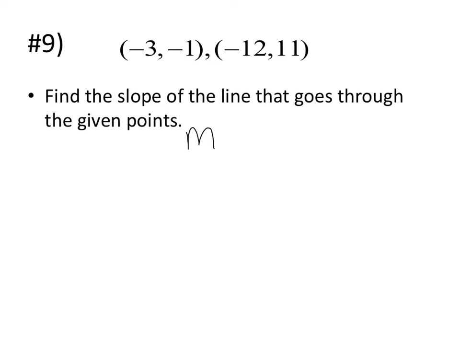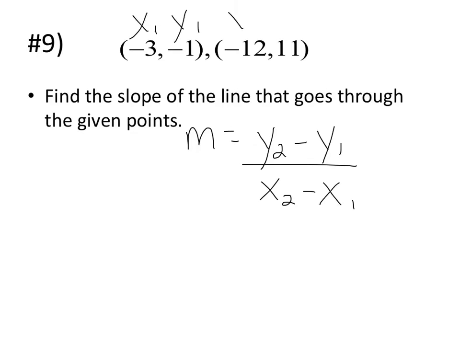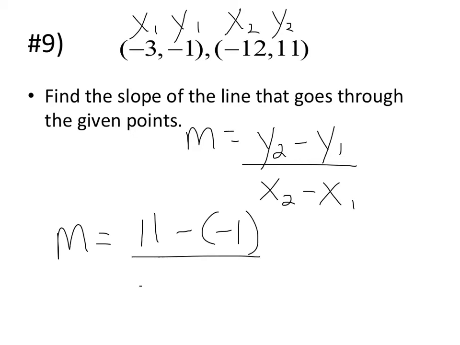Okay, M is equal to y2 minus y1 over x2 minus x1, x1, y1, x2, y2. So M is equal to 11 minus negative 1 over negative 12 minus negative 3.